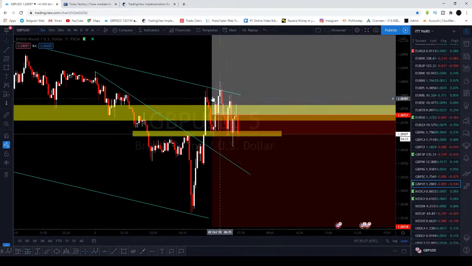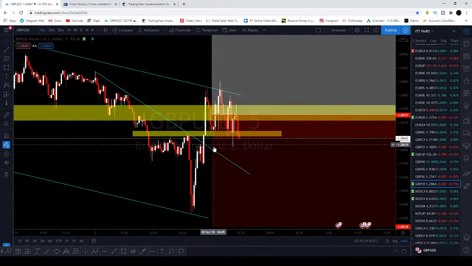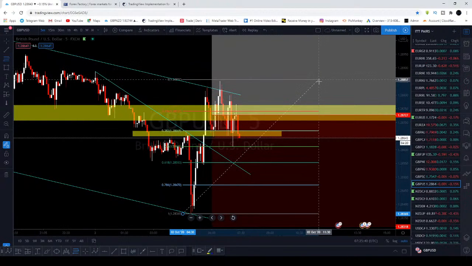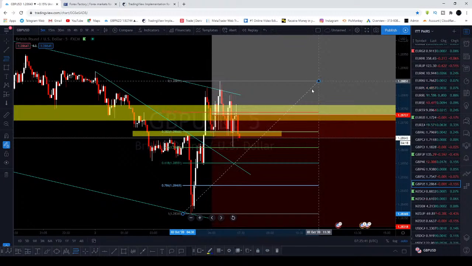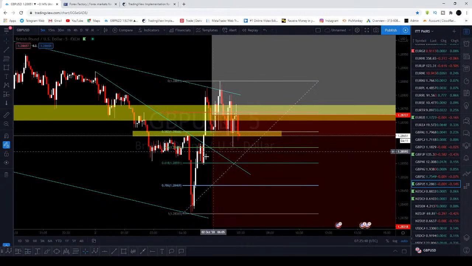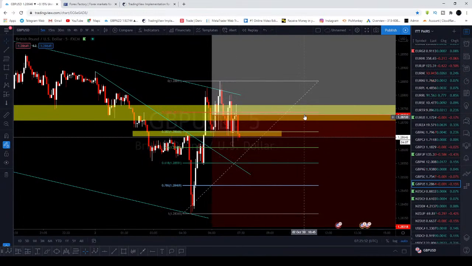Just as you can see, it might come down and retest this before continuing going up. Uh-huh, 50%. Yeah, right. Then 61%. So, cool.